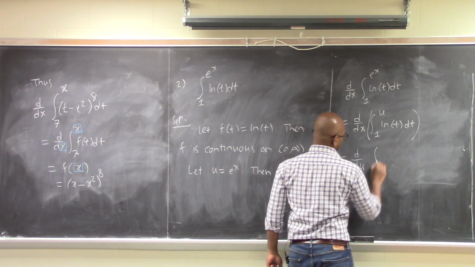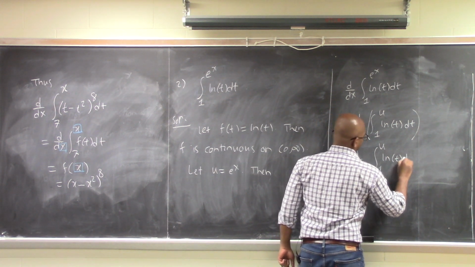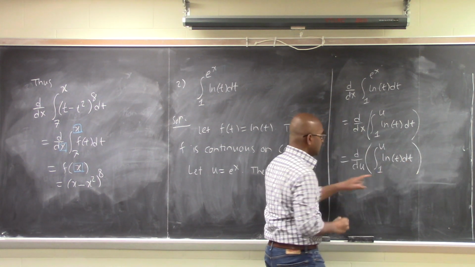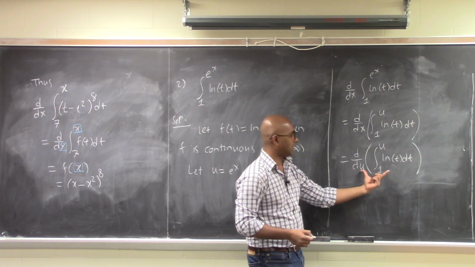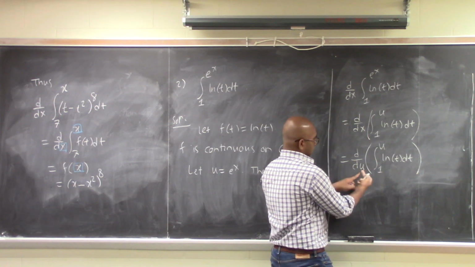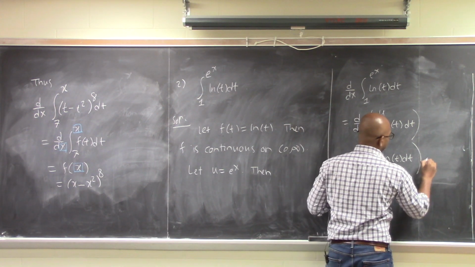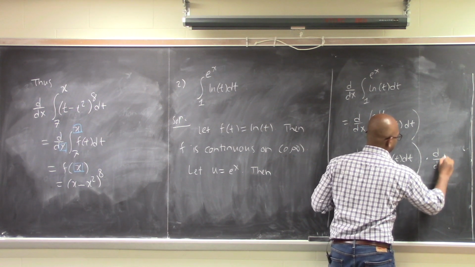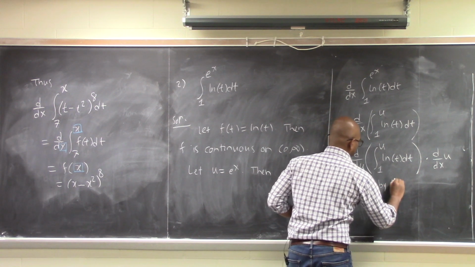Okay, so derivative of integration of natural log from 1 up to u. Okay, that thing. But since we didn't have u, we had x, by the chain rule times ddx of u. Okay, so this happens by the chain rule.